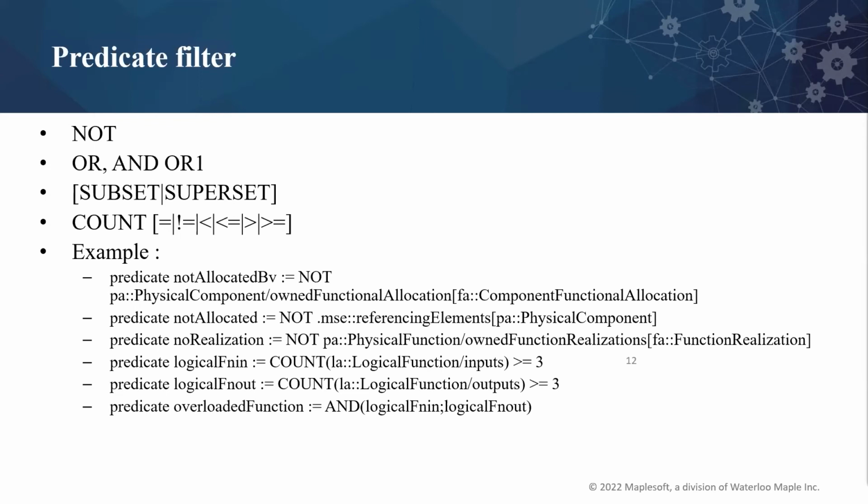The next one will display logical functions that have at least 3 or more output ports. And the last one, you can see here, combines those two pieces of information and displays a logical function that has at least 3 or more of both input and output ports. This is how you can combine different predicates to display and customize your views.